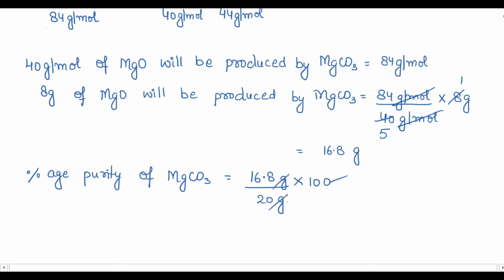So this 0 with 20 is 0, right? So when you divide 16.8 by 2, you will get 8.4 into 10, right? So you should have the percentage sign also. So when you multiply 8.4 with 10, that will be 84%. That means the percentage purity of magnesium carbonate is 84%.